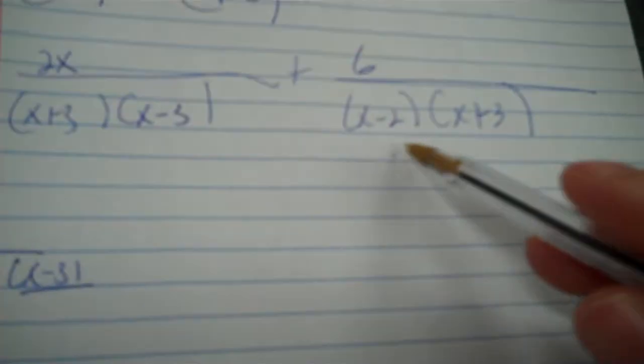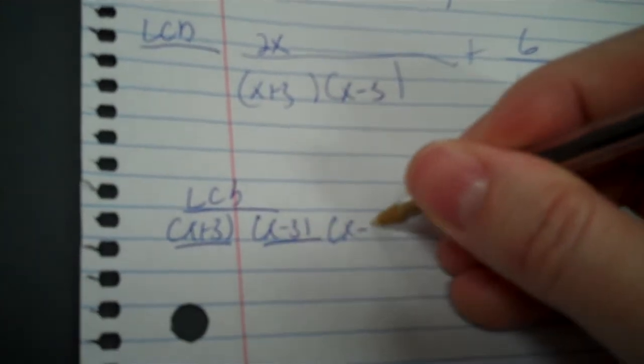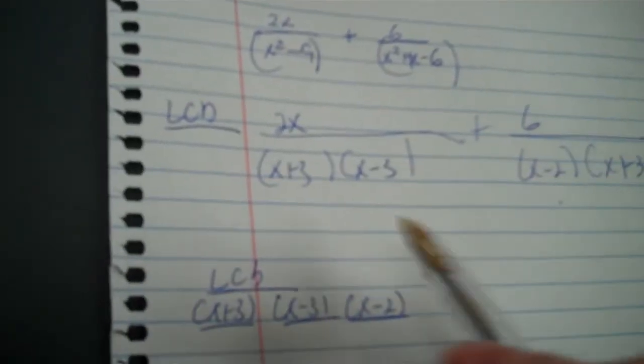Okay, we need to now get the LCD where it belongs. Okay, you got x plus 3 in parentheses, x minus 3 in parentheses, a parentheses of x minus 2, then another parentheses of x plus 3, which I've already written down. So x plus 3, I'm good, 1 to 1, so I don't make the change. X minus 3, we got 1 here, 0 here.